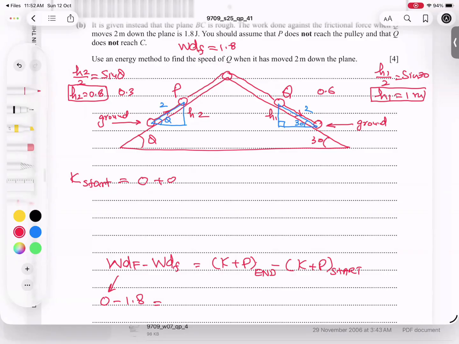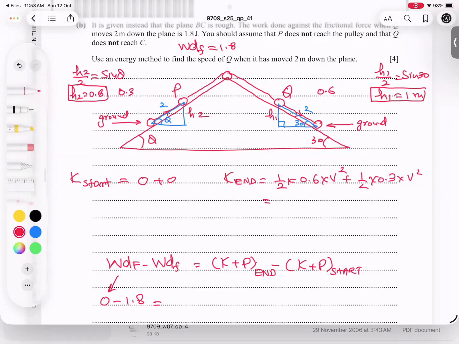And what is the kinetic energy at the end? It means this particle reaches here and this particle reaches here. I'll find both: half m v square, and same here, half times mass 0.3 v square.